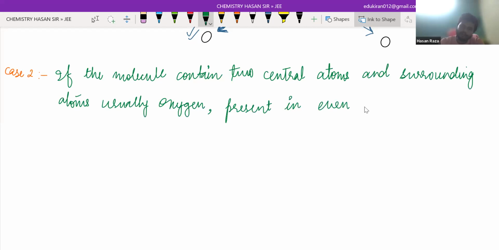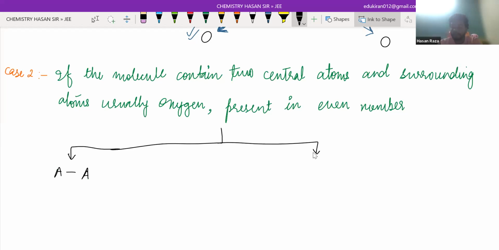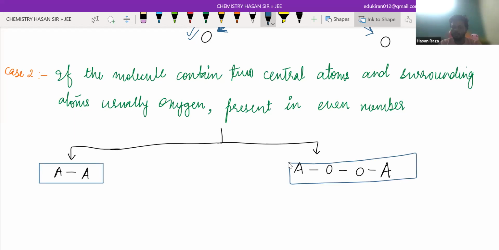present in even number. If oxygen is present in even number, then there are two cases. Either the linkage will be given by AA, or the linkage will be given by AOOA. So if you have two central atoms and oxygen is in even number, then either the linkage will be AA or AOOA.